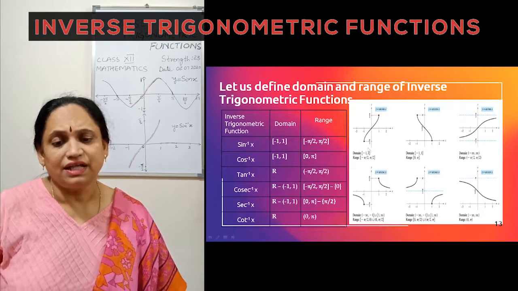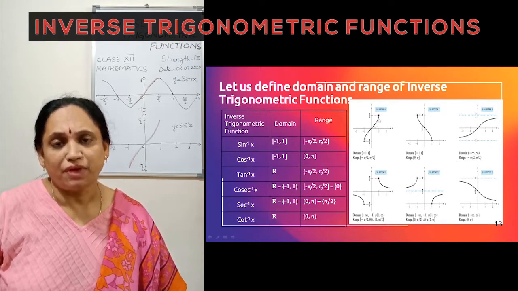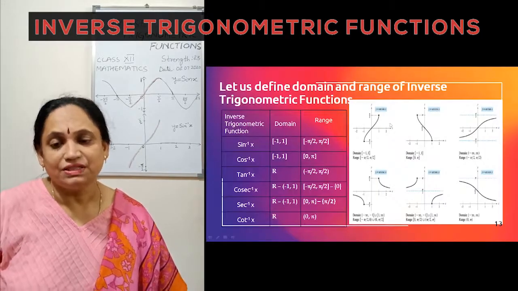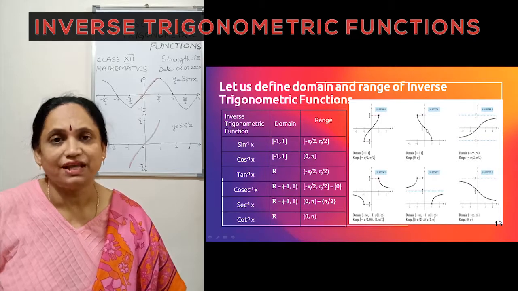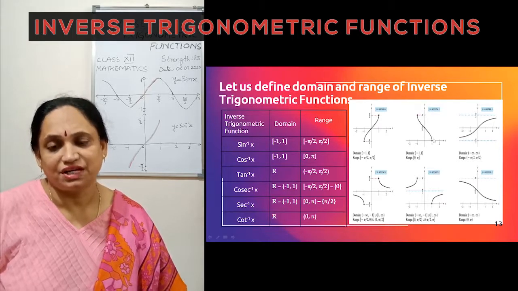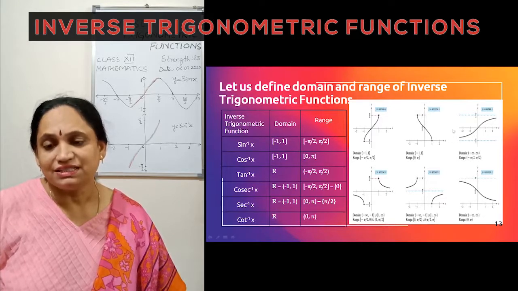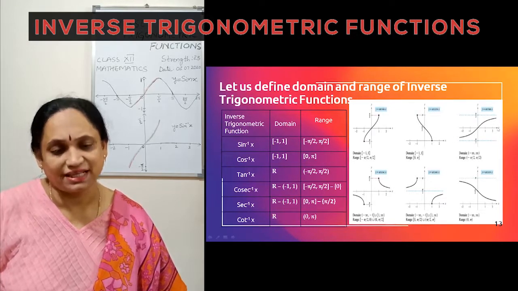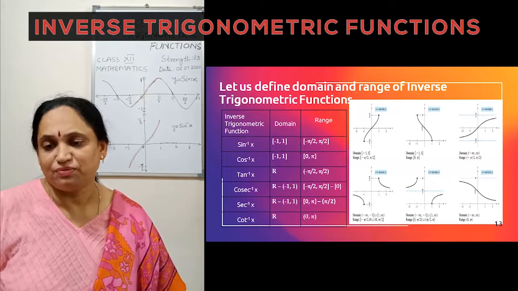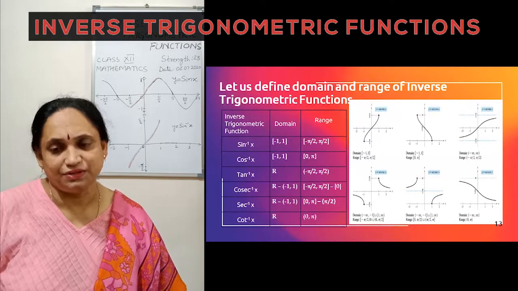You can see here that for the sine inverse function, all the values from minus 1 to plus 1 are covered only once. Similarly, for the cos inverse function, all the values from minus 1 to 1 are taken only once. For the tan function, you have seen that the whole real number set of the x-axis is being used, and the range is lying between minus pi by 2 and plus pi by 2, not including these 90-degree values.